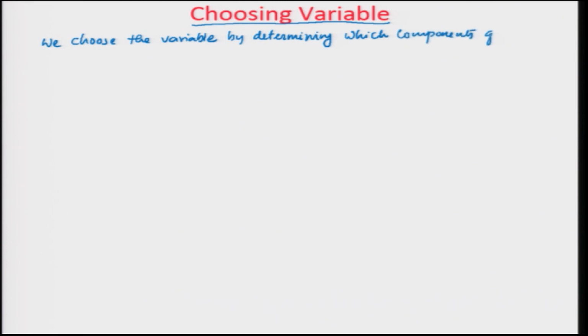We choose the variable by determining which components of the problem can be changed, to create different possibilities or different options.